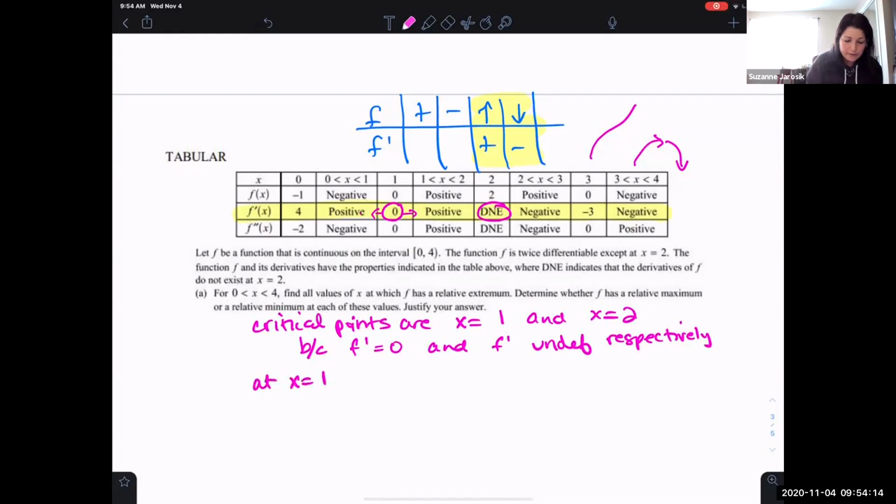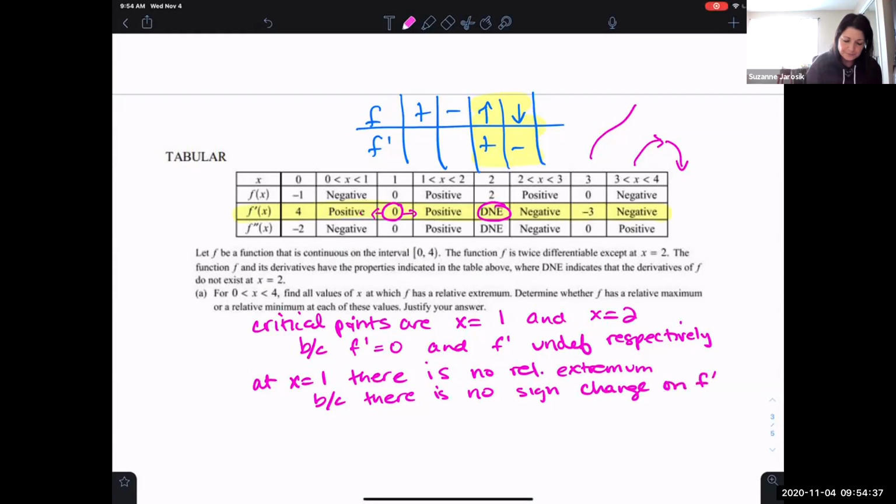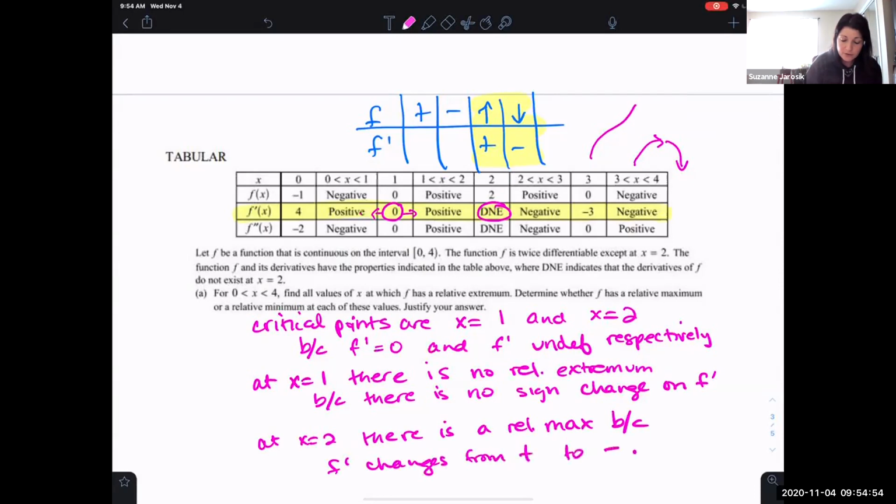At x equals 1, there is no relative extreme because there is no sign change on f prime. At x equals 2, there is a relative max because f prime changes from positive to negative.